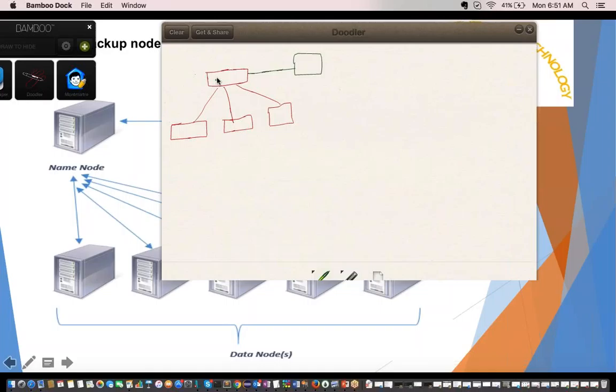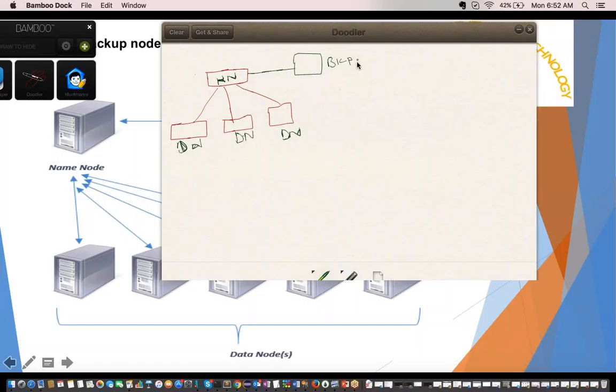We're just avoiding losing the data. But still, if your name node fails, and failed in the sense of completely crashed, let's assume your name node is completely crashed. Your backup node will have the latest copy of the fsimage.